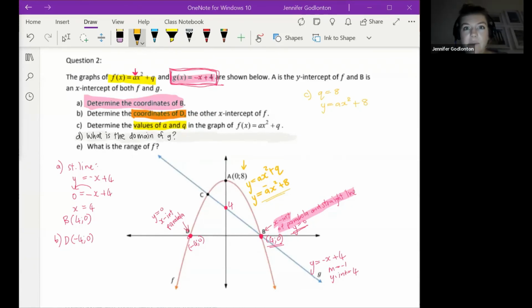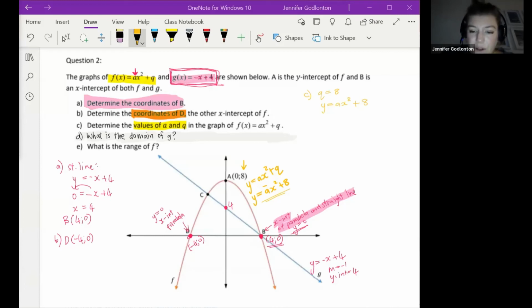What can I put into that equation in order to find A? How could I find A? Grace, yeah. What could I put into that equation? Ma'am, I think on y you are going to put 0 and then equals a into brackets 4 into brackets squared plus 8.